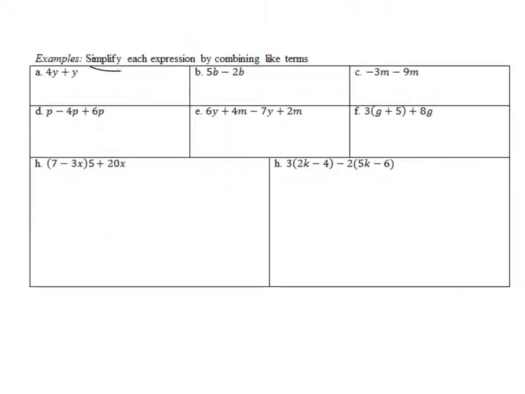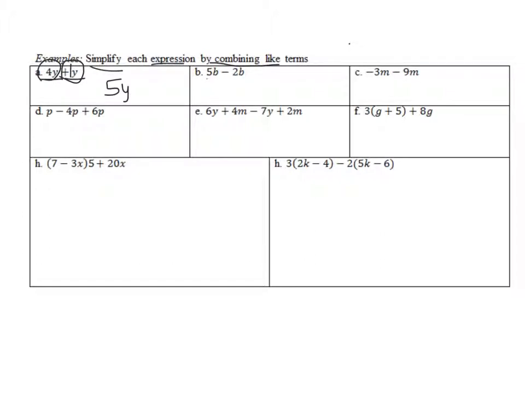We can simplify expressions by combining or adding like terms. So we can only add the coefficients together if they're the same term. So a 4y, and actually there's a 1y. 4y's plus 1y's is 5y's.